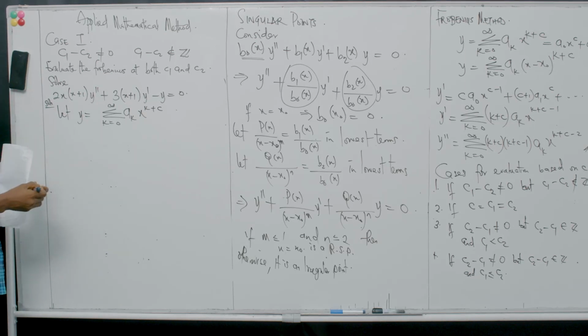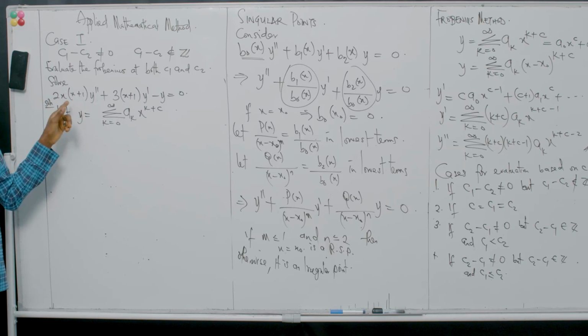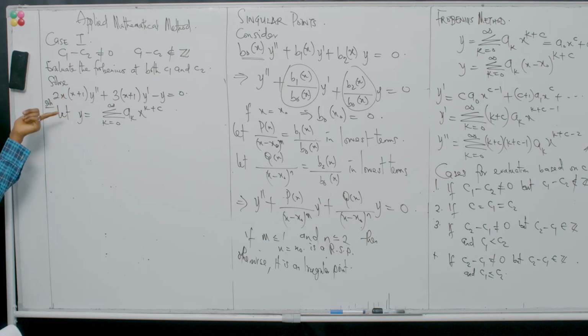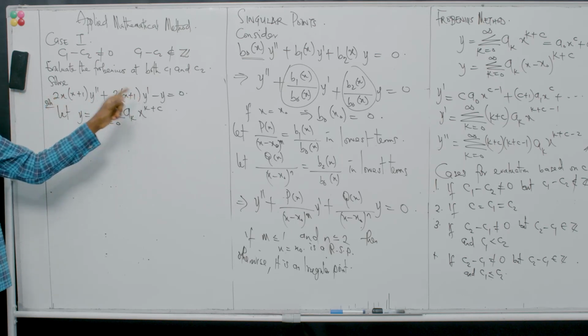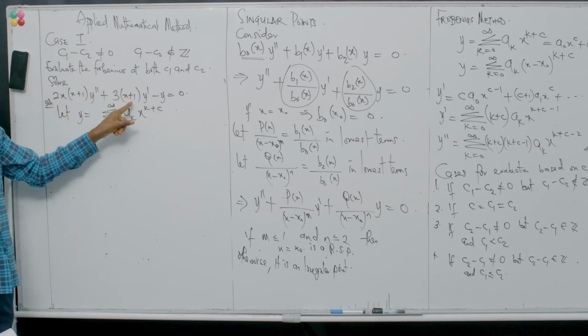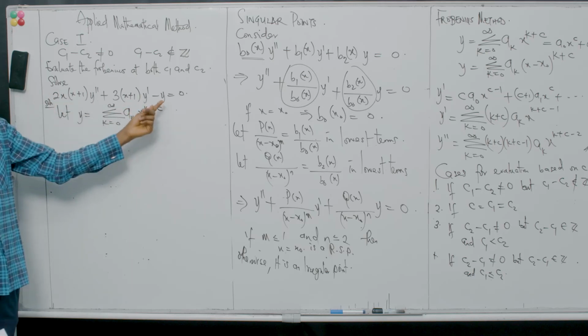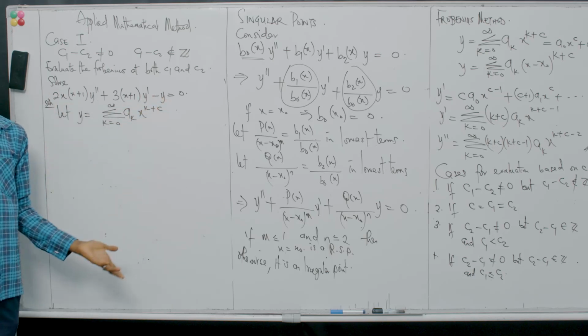Of course, we can verify if x equal to 0 is in fact a regular singular point. All you have to do is, first off, put x equal to 0 here. Do you have 0? Obviously, you have 0. The next thing, use it to divide. If you use this function to divide, at x equal to 0, you would only have a value of a coefficient of a power 1 here. And then here you also have a power 1, which is less than 2, obviously.